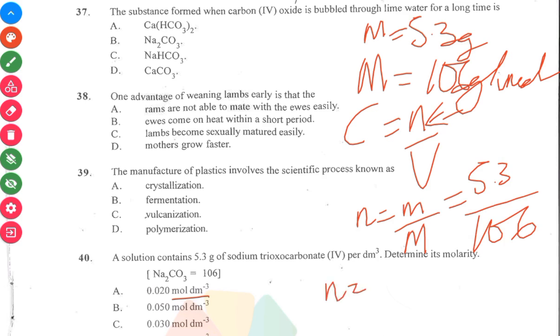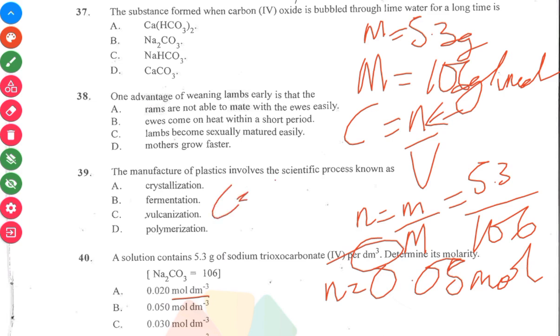So we are going to end up with an amount of substance of 0.05 moles. Now this is per dm cube, so per 1 dm cube. So C equals 0.05 over 1, which is going to give us B as the final answer. So number 40 is B.